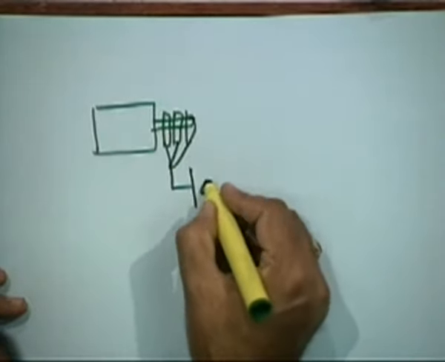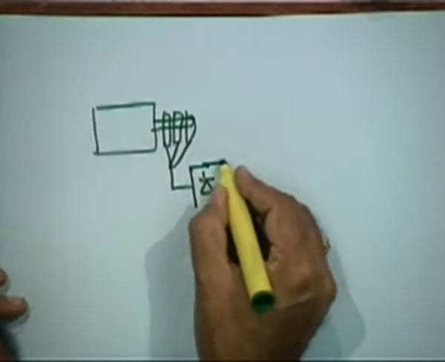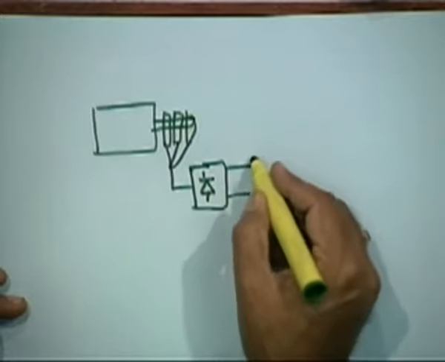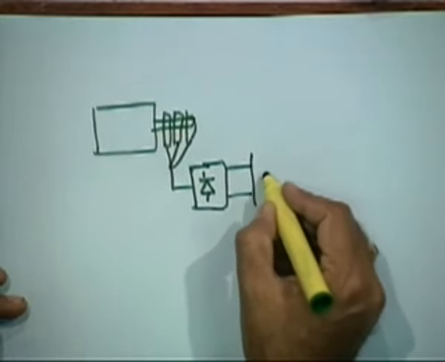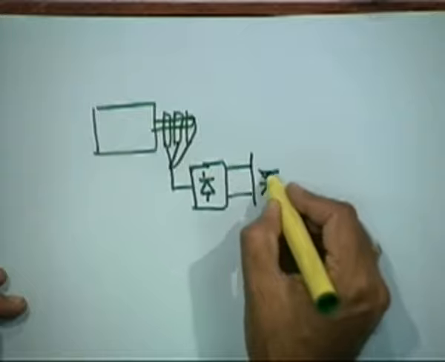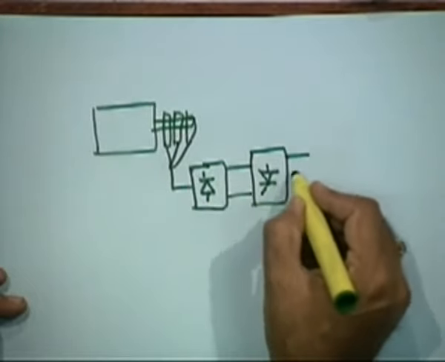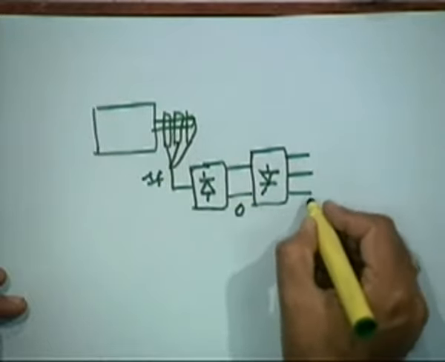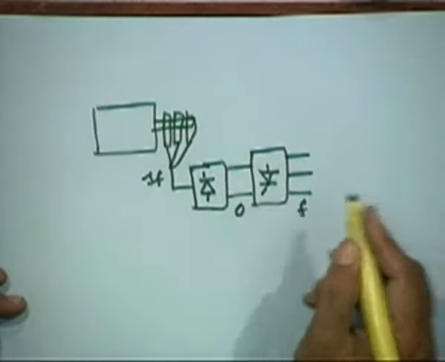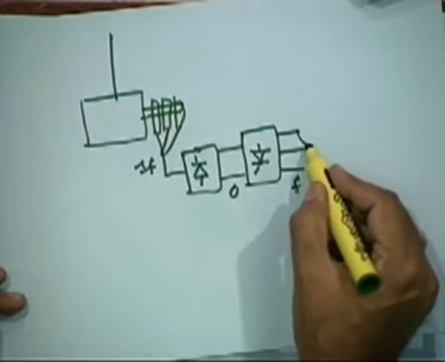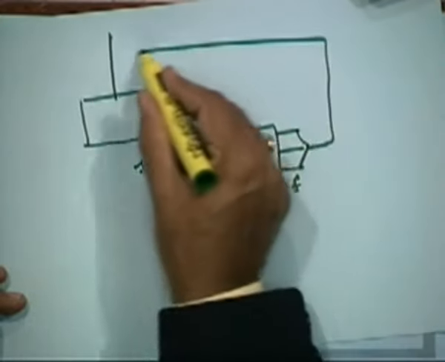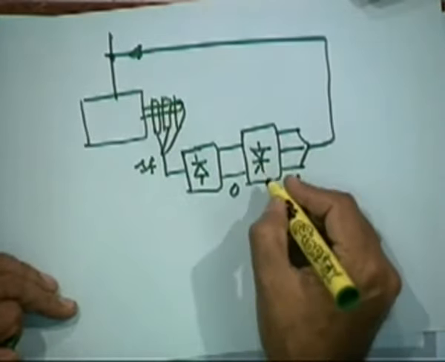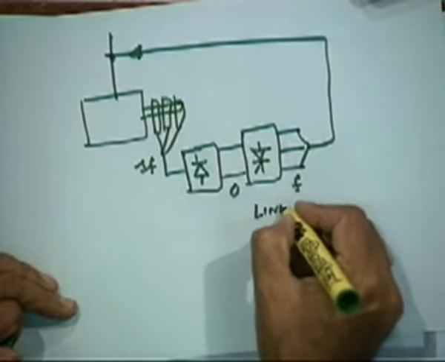You have a rectifier and you have an inverter. So this will be SF, this will be 0 and this will be F, and that will go to the mains. So this is called a line commutated inverter.